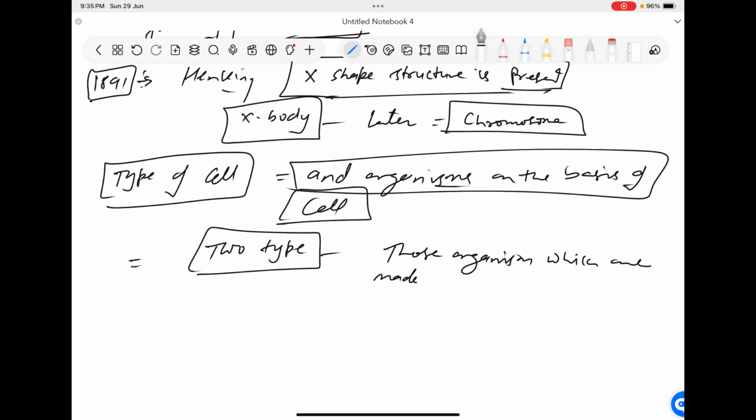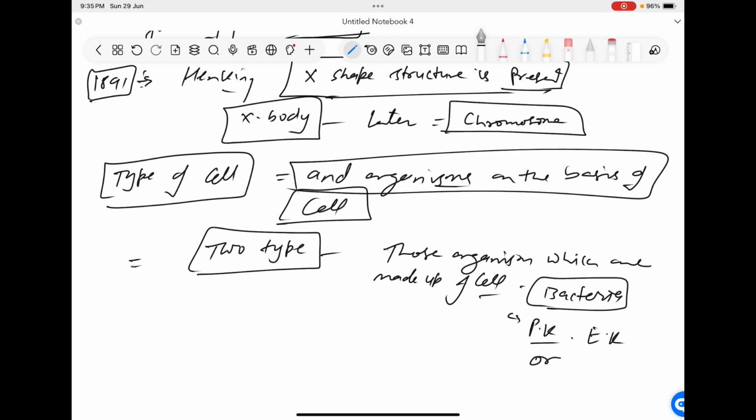The second type is the most primitive if we follow the progressive theory, and if we use the retrogressive theory, then they may be the most advanced living organisms: acellular organisms, for example viruses.